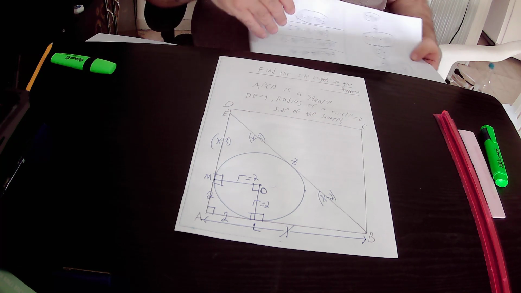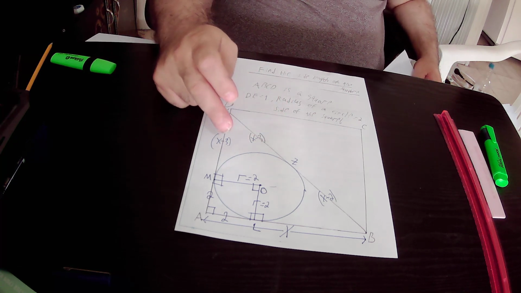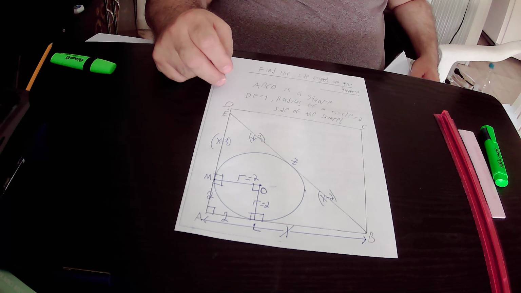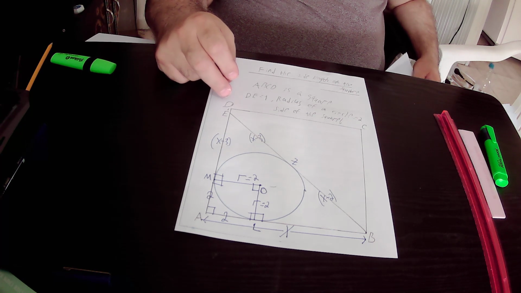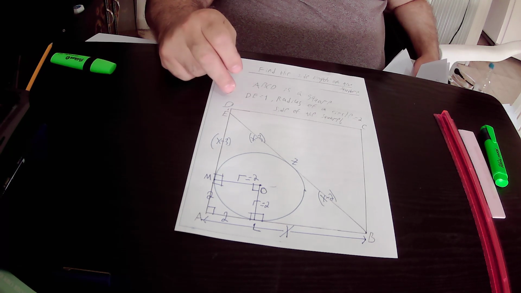Inside the square we have this circle, and the radius of this circle is equal to 2 units. And line segment DE equals 1 unit. And we want to find out the side length of square ABCD.